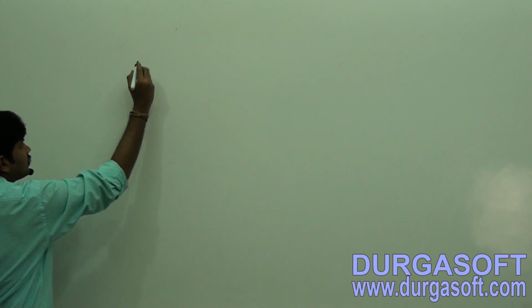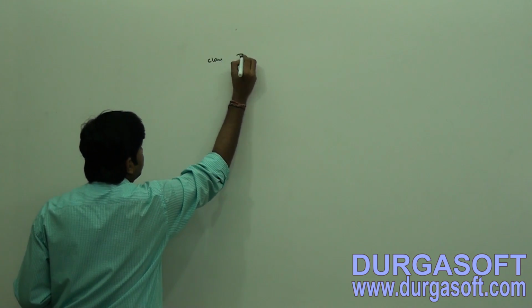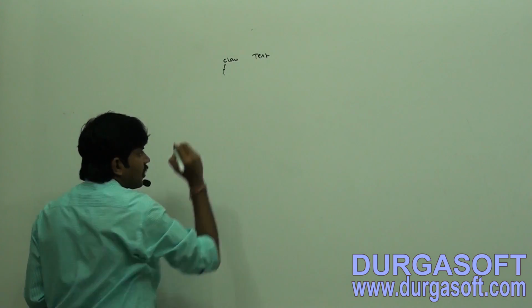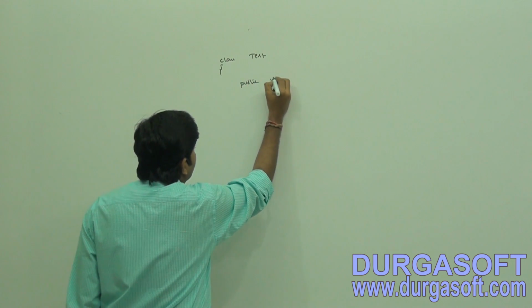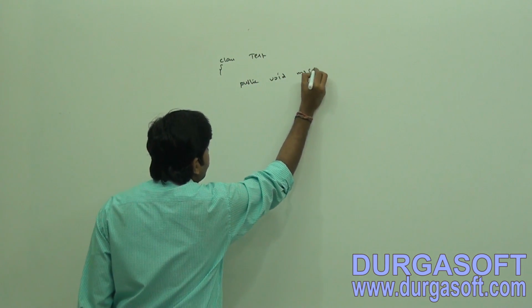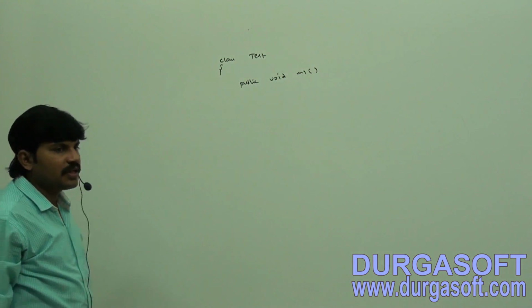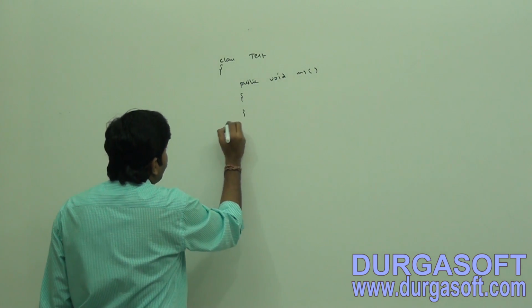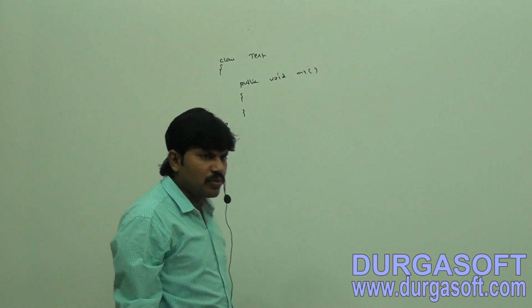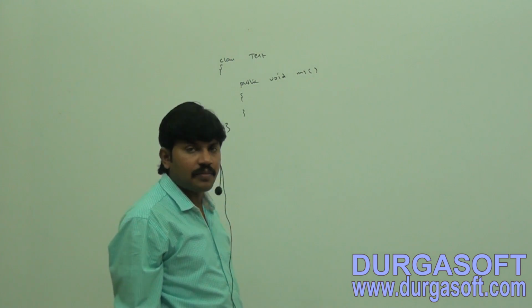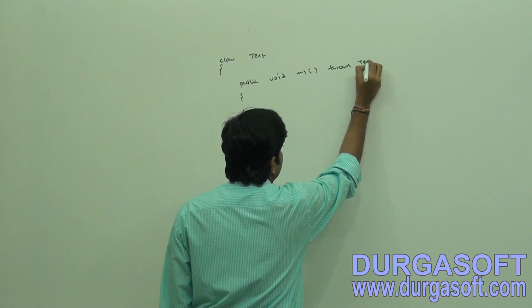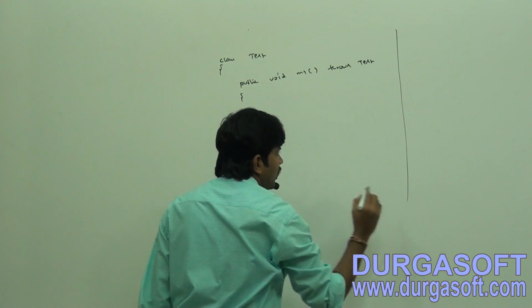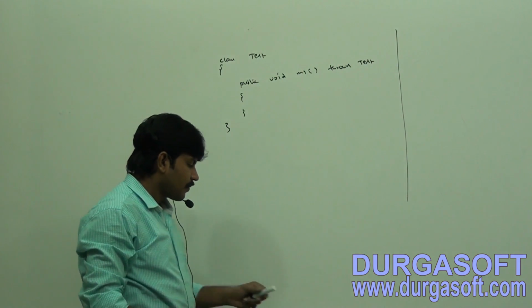Here I am taking class Test, public void m1 method. For the method, can I use the throws keyword or not? Yes, throws Test, like I'm taking. Sir, is it valid or invalid?